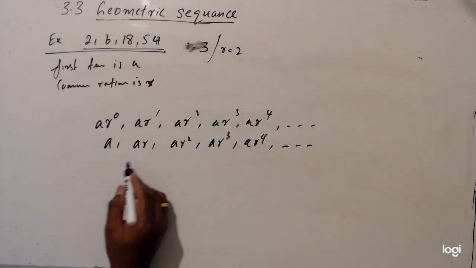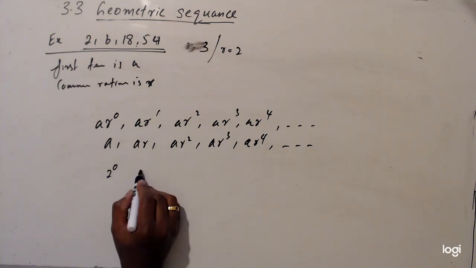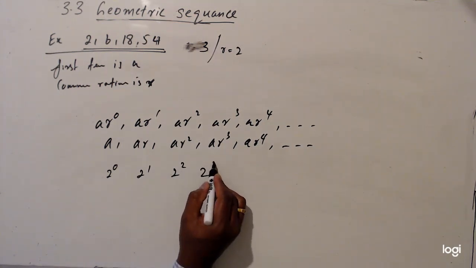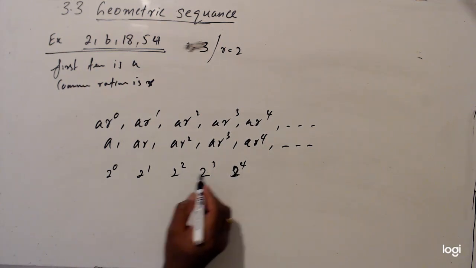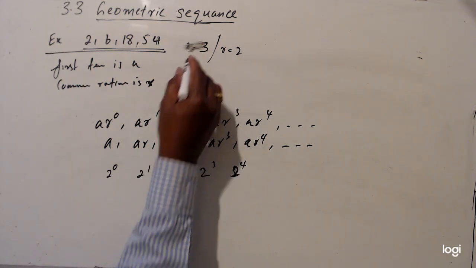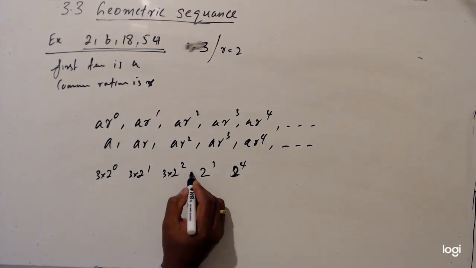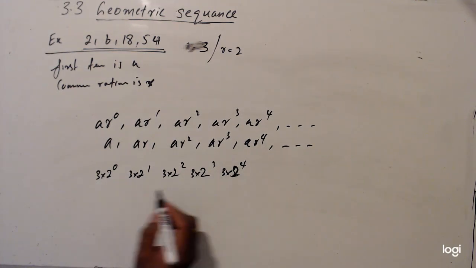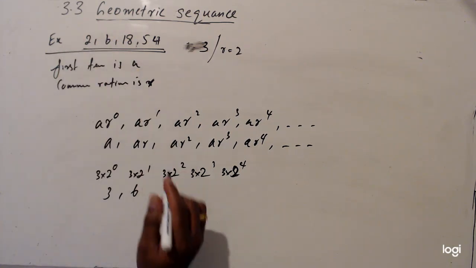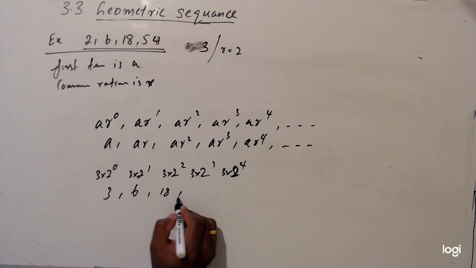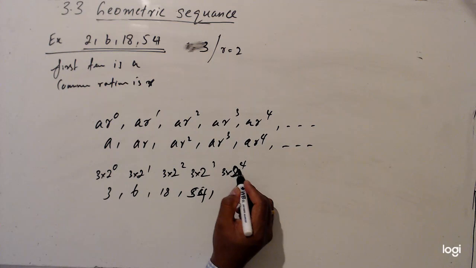So basically we can write 2 to the 0, 2 to the 1, 2 squared, 2 cubed, 2 to the 4, and multiply by 3. So this is 3, and this is 6, and this is 18, and this is 54.